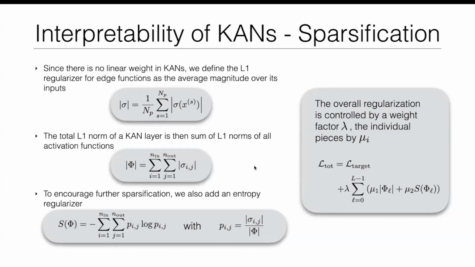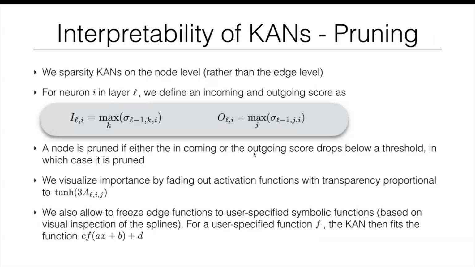Good. So this is how we sparsify, and once we have sparsified, we can prune our neural network. So the way we do this is we prune them at the node level, and for this we define an incoming score and an outgoing score, and for this we just take this to be the maximum that any of these incoming or any of these outgoing edge functions can take, and then we decide to prune a node if either the incoming or the outgoing score drops below a certain threshold.